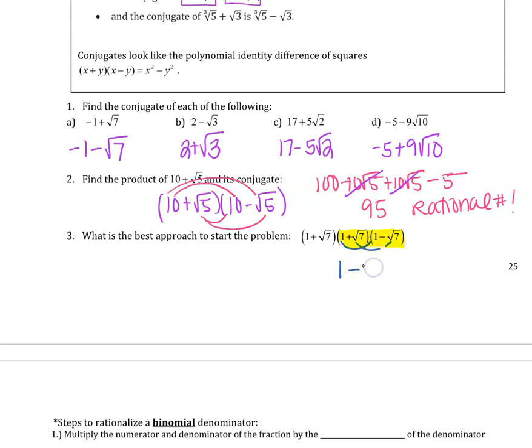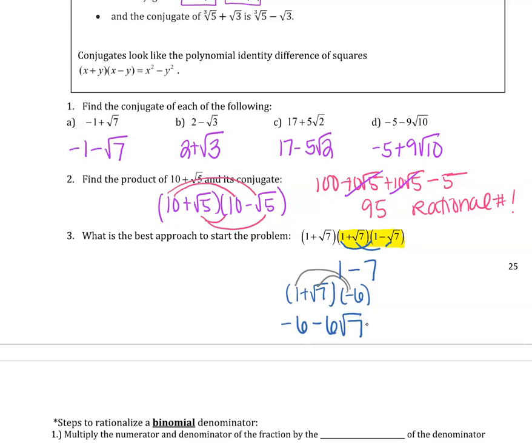Whoops, this should say 7, because the square root of 49 is 7. So 1 minus 7 is -6, and then I can take that -6 and distribute it to the other part of this binomial. This is -6 minus 6 radical 7, and that would be your final answer.